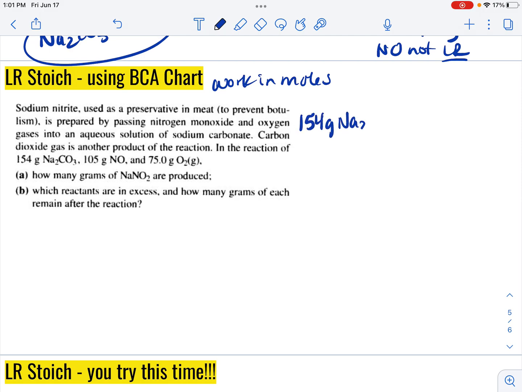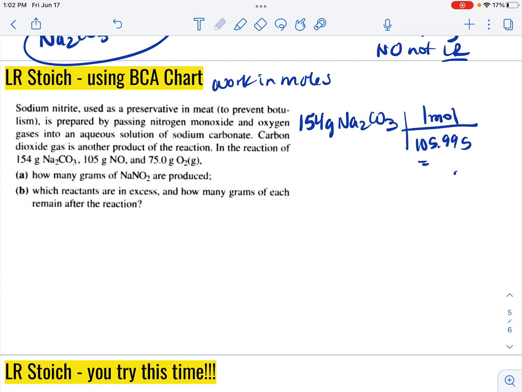I'm going to take my 154 grams of Na2CO3, 105.99 grams in 1 mole, and this comes out to... Sorry, no. I've got to find my right numbers.